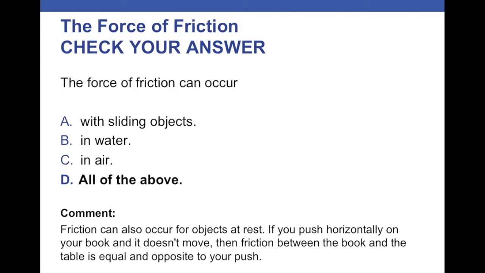Air is also a fluid. It's not a liquid, but it's a fluid, and it also has some viscosity. Viscosity is basically the thickness of a fluid. So, for example, water has less viscosity than maple syrup. That's a good example right there.